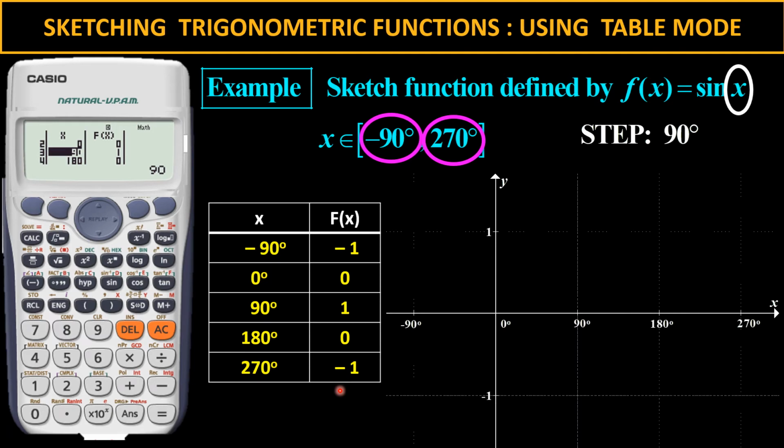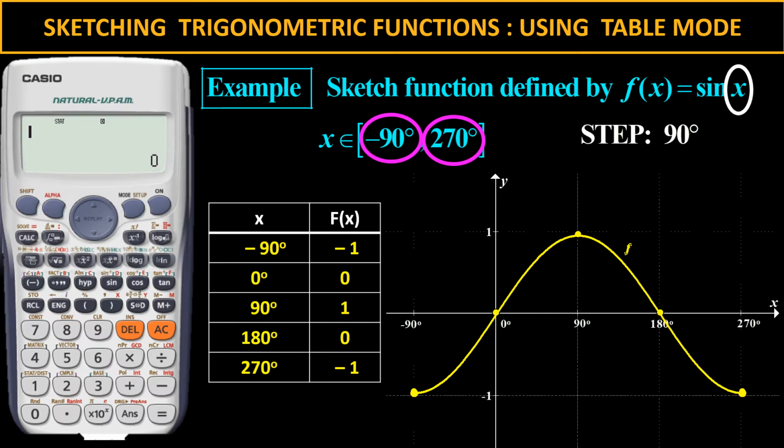On your graph, label your x-axis from negative 90 in steps of 90 up to 270. That's your domain for this function. Negative 90 goes with negative 1, 0 goes with 0, and you plot the points and join them. And there we have our sine graph. We're going to look at a few others just so that you can get used to it.